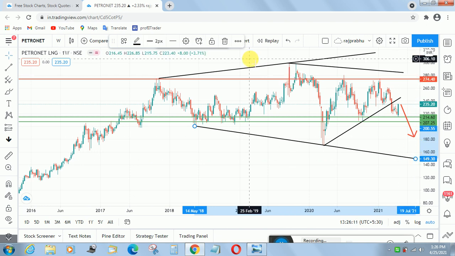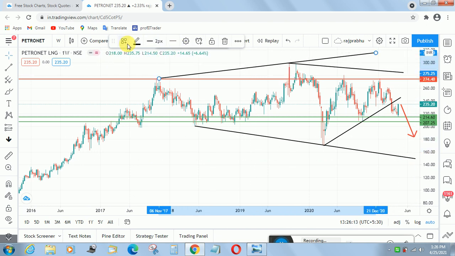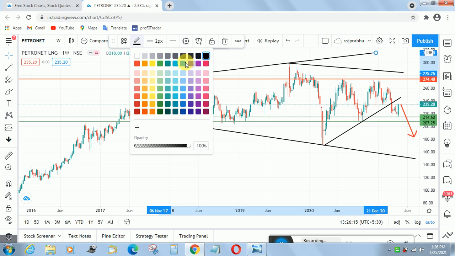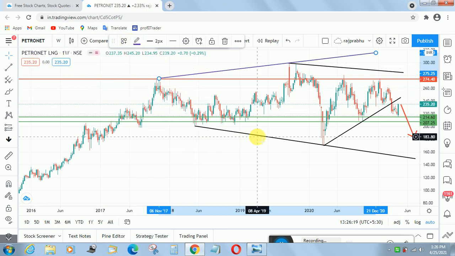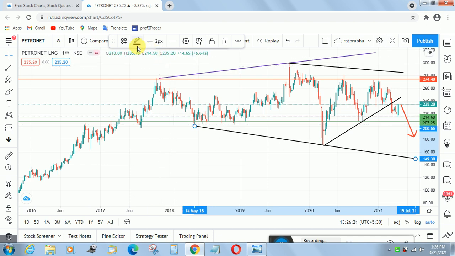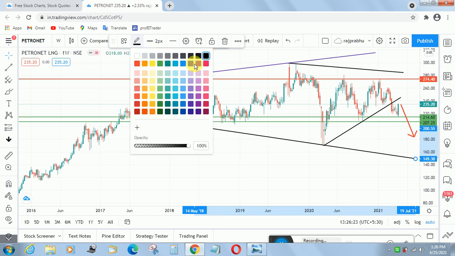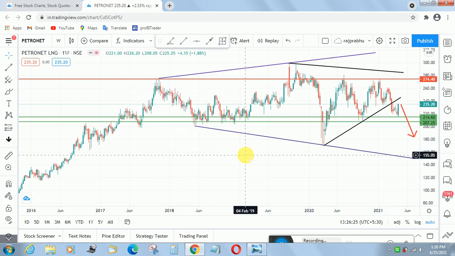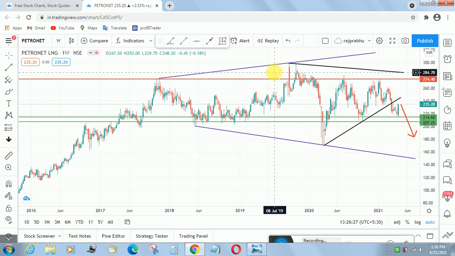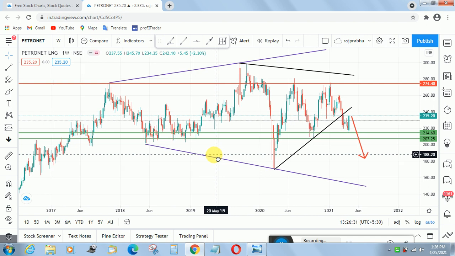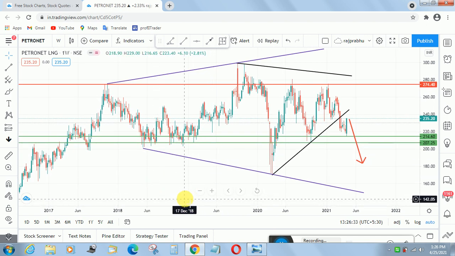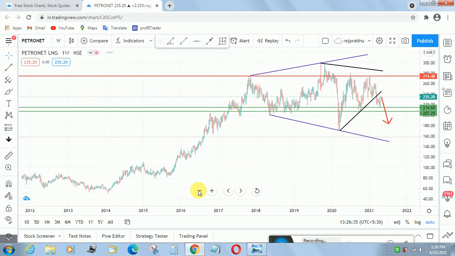I'm going to change the color of this trend line because of the difference between short term and long term trend lines, major and minor trend lines. This is the major trend line. See, this pattern looks like a wedge pattern.